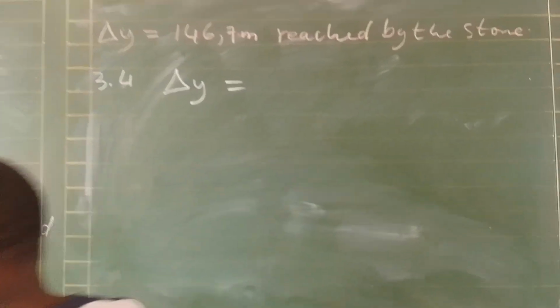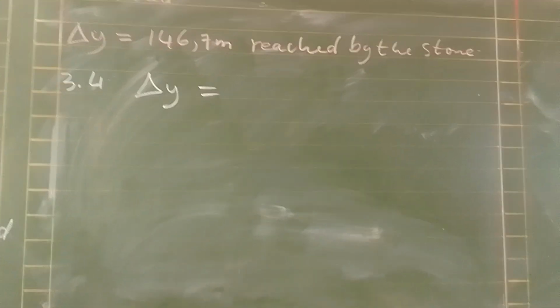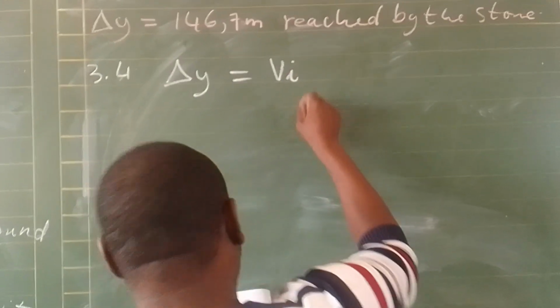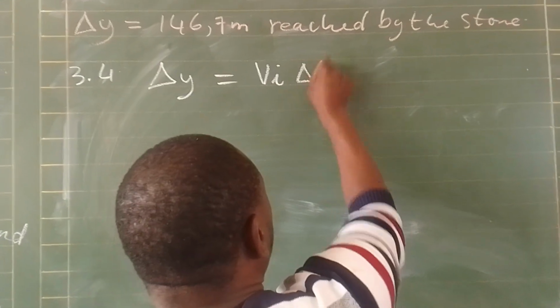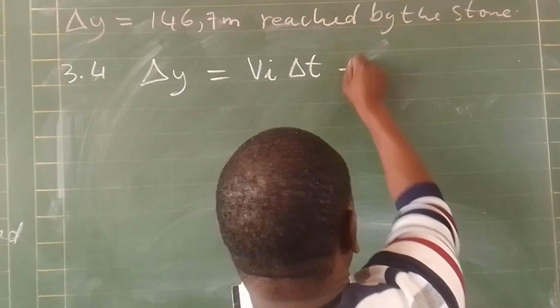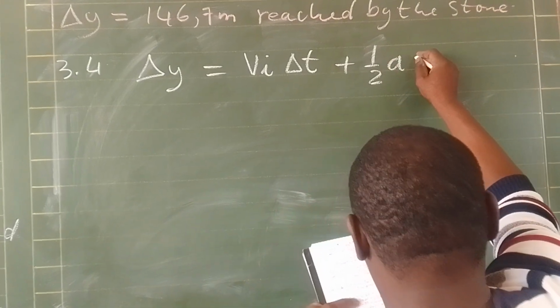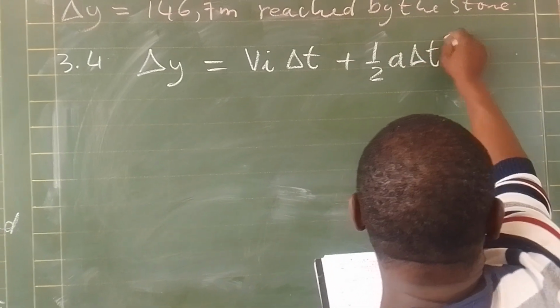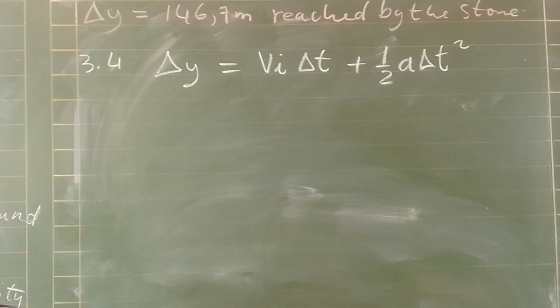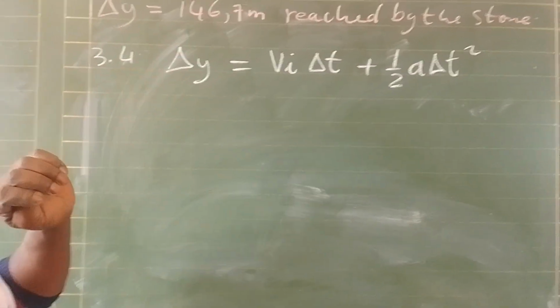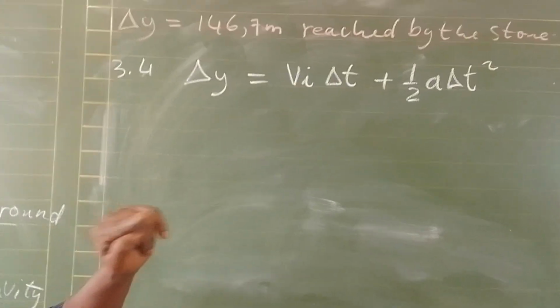delta y is equal to vi delta t plus half a delta t squared. This formula will be given in the exam room, and you don't have to worry, but you need to know which formula you need to use.